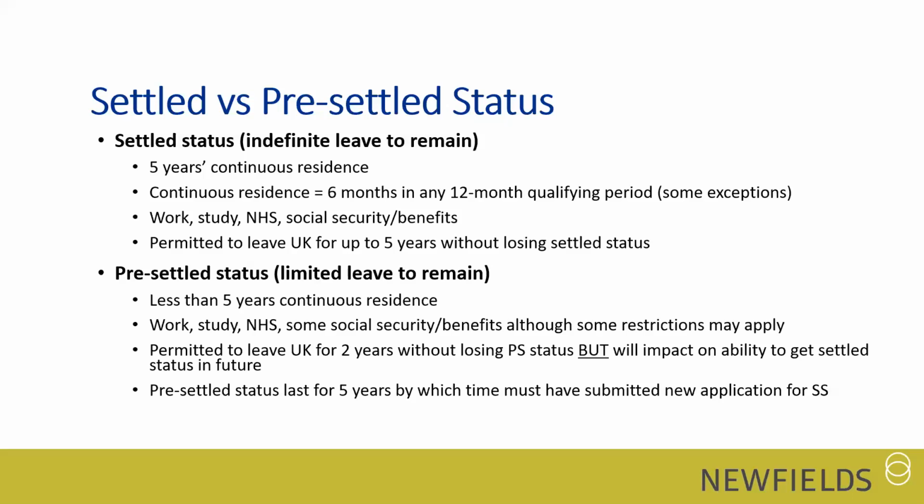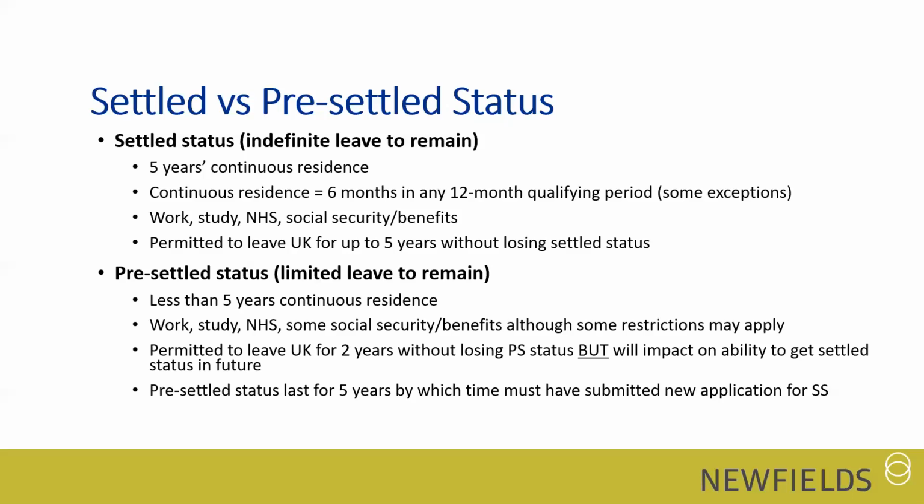The individual with pre-settled status is able to leave the UK for up to 2 years without losing the pre-settled status. However, this is a bit of a trick really on the part of the Home Office. Leaving the UK for up to 2 years would break the continuity of residence for that individual if they had any intention of getting settled status in the future.